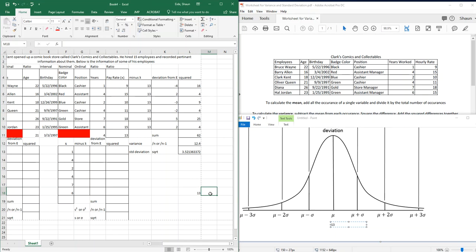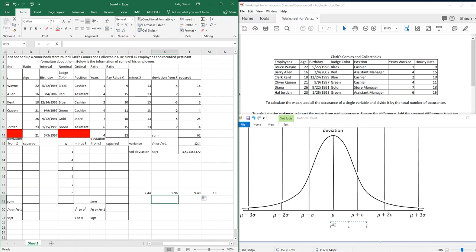Okay, so the mean is 13. And then in order to find the rest of the standard deviations, we need to either add 3.52 or subtract 3.52. Okay, so I'm going to put this right here. So equals this minus 3.52. This is 1 standard deviation below. This is 2, and this is 3.